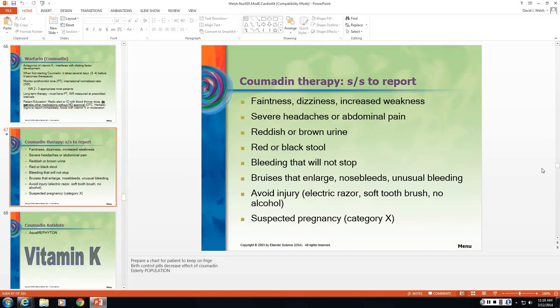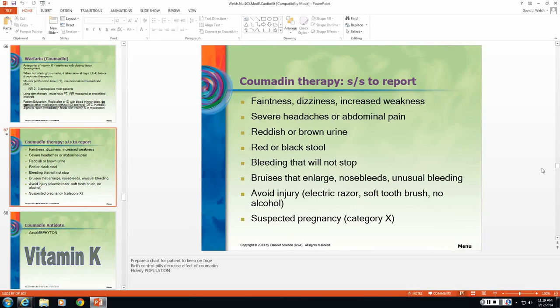They could have reddish or brown urine, red or black stool, some type of bleeding that doesn't stop, bruises that enlarge, nosebleeds, unusual bleeding. You want them to avoid any kind of injury, so use an electric razor, a soft toothbrush, and no alcohol, because that makes the blood even thinner.